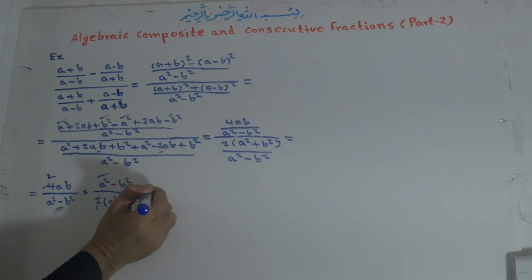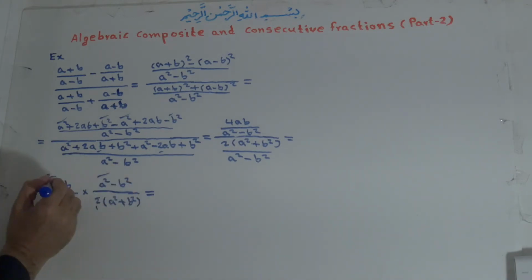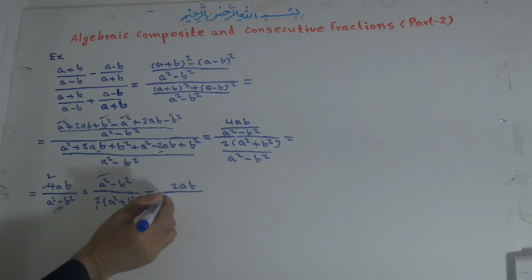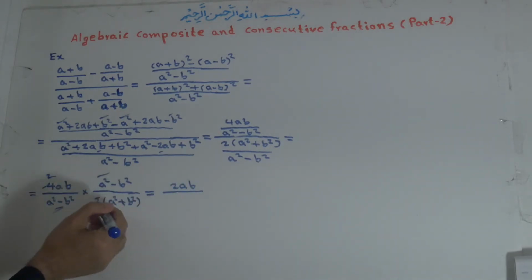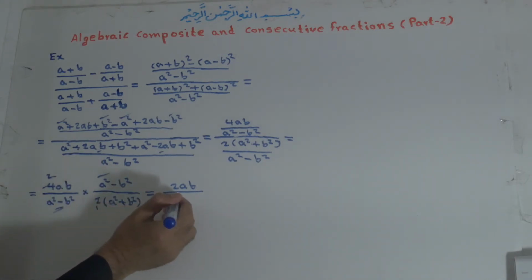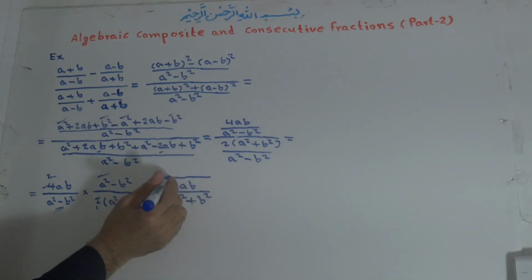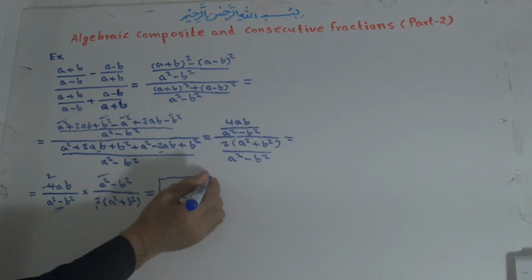In the numerator the remaining is 2ab, and the denominator here cancels with this one, only one remains. Here it's 1 times a to the power of 2 and b to the power of 2, which is equal to a to the power of 2 plus b to the power of 2. This is the final result, or the final answer, for this problem.